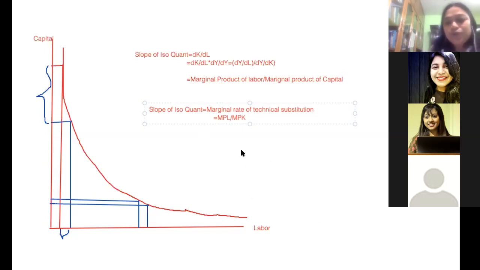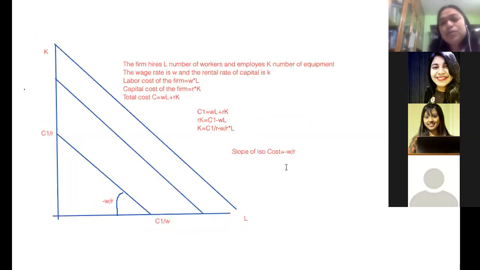Okay, so we also know that the slope of the iso-quant is the marginal rate of technical substitution, which is equal to marginal product of labor divided by marginal product of capital. And we know that the slope of the iso-cost is minus W by R. Okay, so now we analyze the equilibrium condition in greater detail.